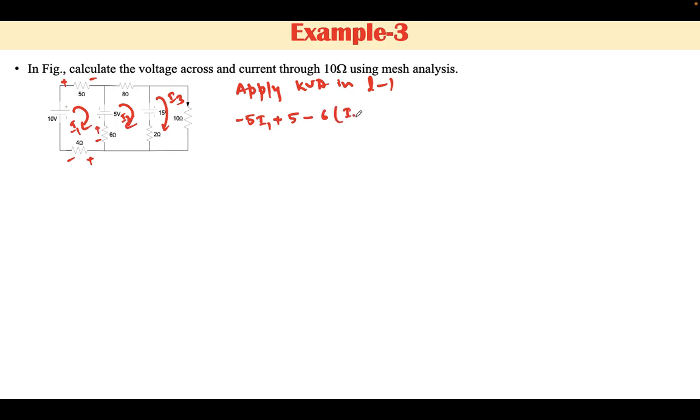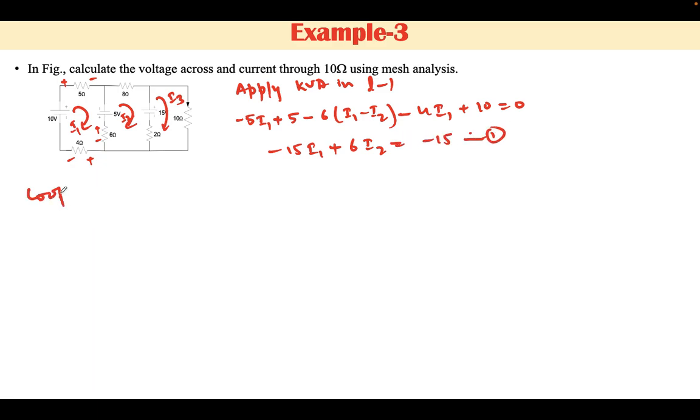Then in this branch the current is I1 only, it will be minus 4 I1, moving from lower to higher potential plus 10 is equal to 0. This is the KVL equation for the first loop. On simplifying, it will be minus 15 I1 plus 6 I2 is equal to minus 15. Let's consider this as equation first.